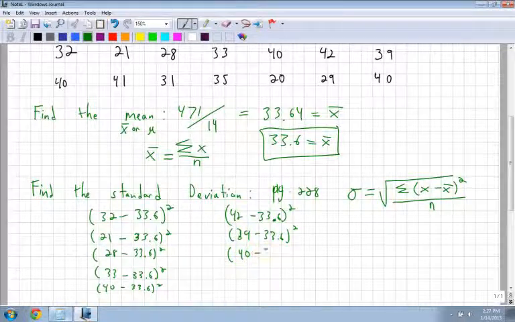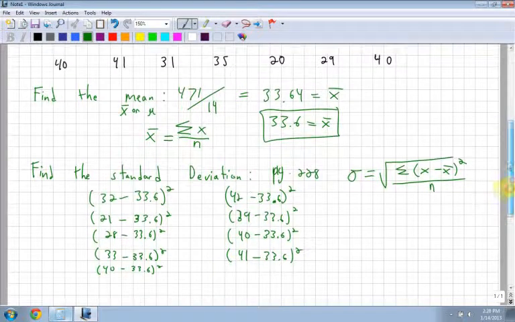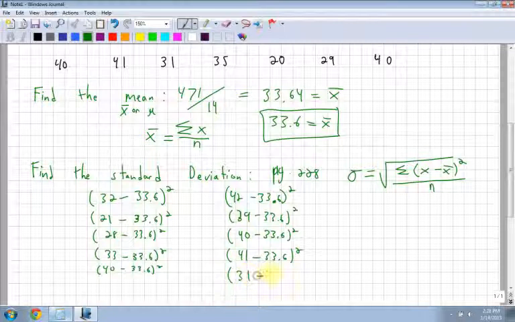A lot of work by hand. 41 minus 33.6 all squared.